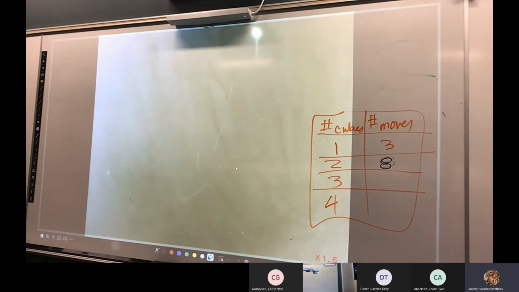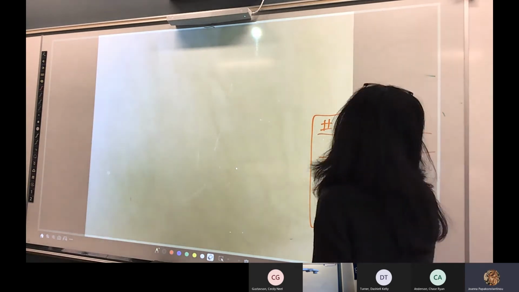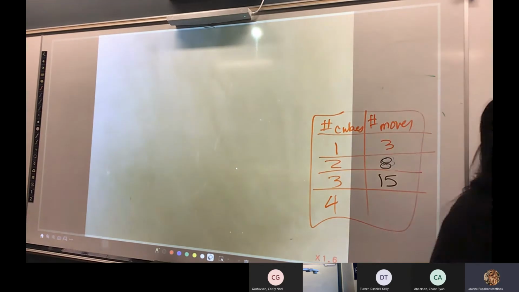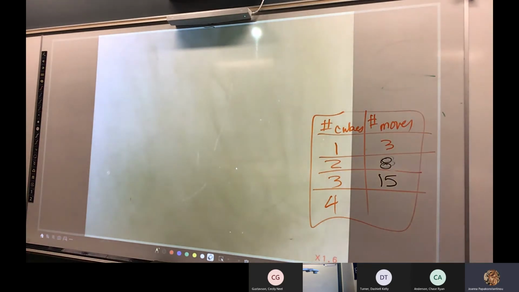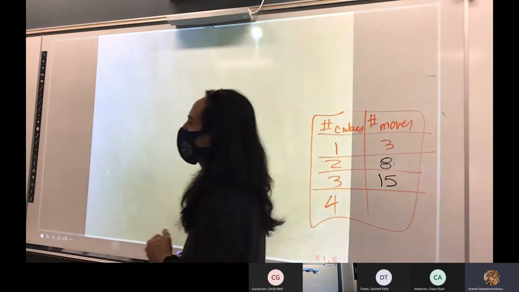You have to tell me what it is after I write it out. And number 3, you should be able to get 15 moves with 3 of the same color on either side. Once you get up to 4, find the rule.